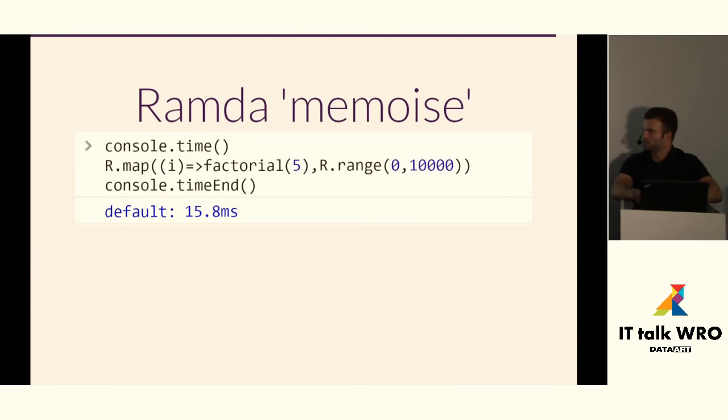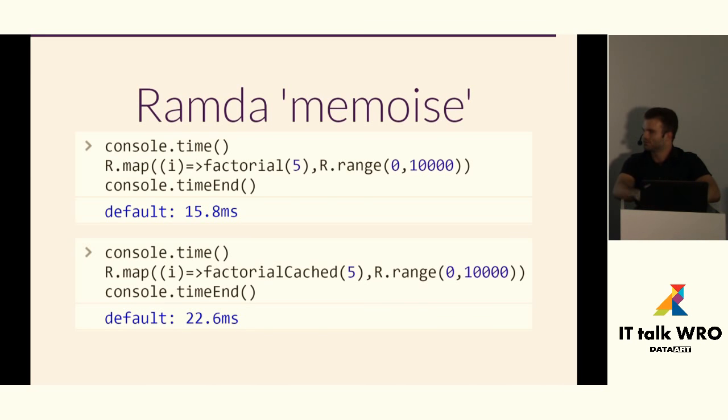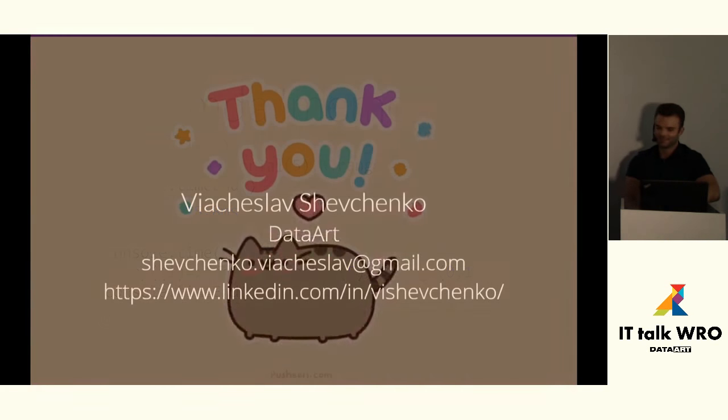Here you can see the result. For factorial 5, it took 15.8 milliseconds. And for the cached function, 22.6. What the hell? Because the cached function, I don't know, should be faster, but it isn't. Please don't use Lambda's memoize. Thank you. If you have any questions, go ahead.